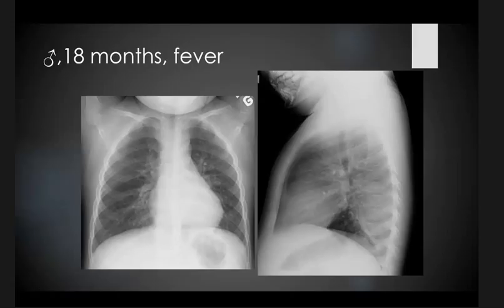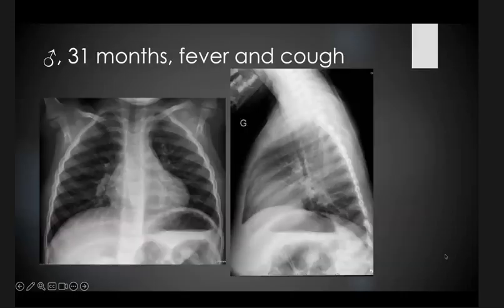It's a tricky one if you just have the AP view, because sometimes in the posterior and superior dorsal segment of the left lower lung you can have a pneumonia. If you just do the frontal view, you can see opacities in the retrocardiac area, but it's a bit harder to see. So the lateral view helps you to see the pneumonia.